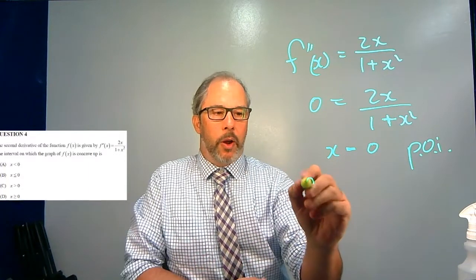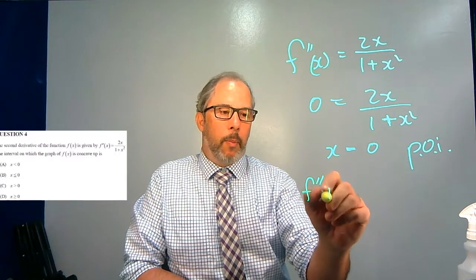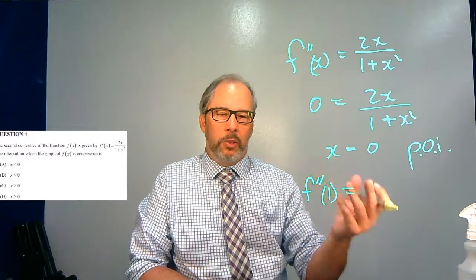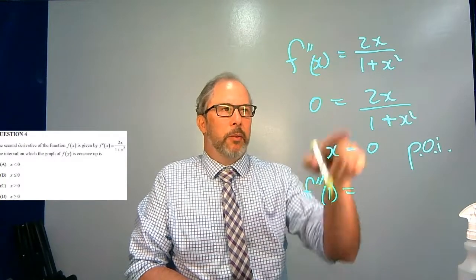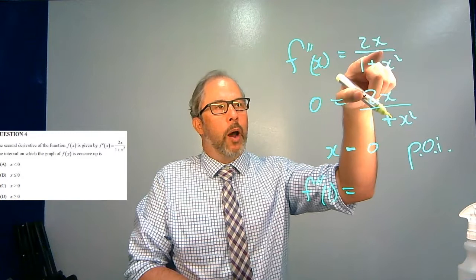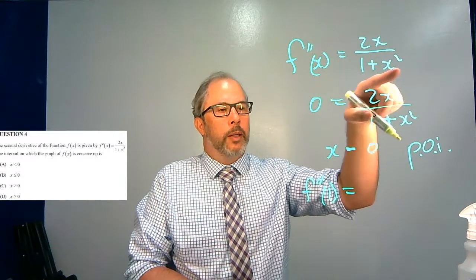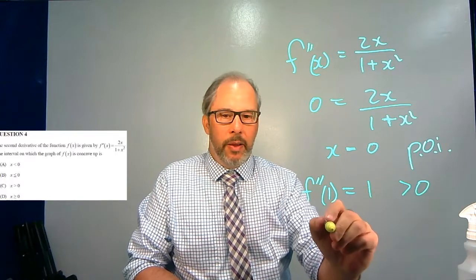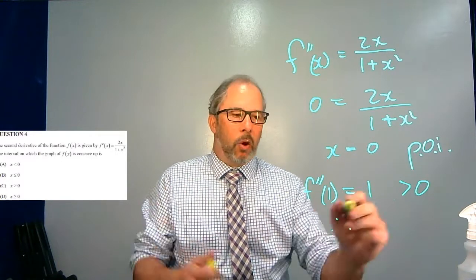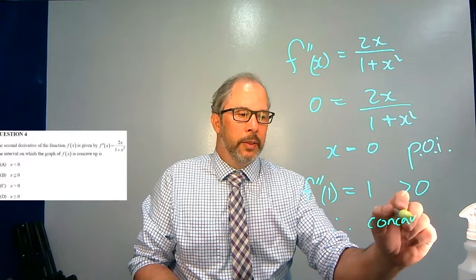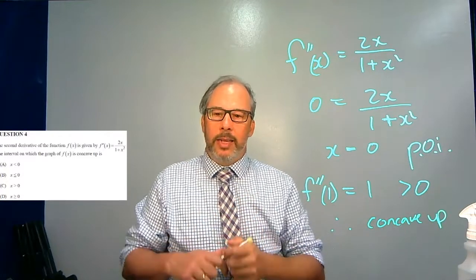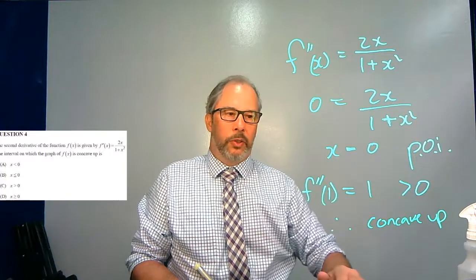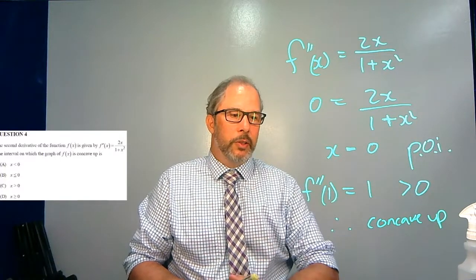We just simply want to know, well, at the point 1, what is the nature of this? Is it positive or is it negative? So if I substitute 1 into here, 2 times 1, 2 divided by 1 plus 1, that's going to give me 1, and of course that is greater than 0, therefore that is concave up. So our answer we're looking at is for values of x greater than 0, which is concave up, which is C, answer C.